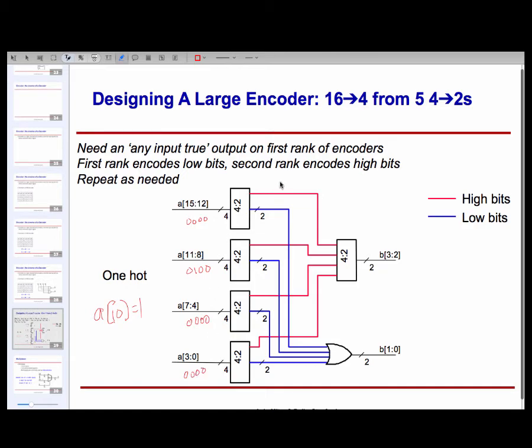So this red line is going to say 0, this red line is going to say 1, this red line is going to say 0, and this red line is going to say 0, because only the second from the top encoder is seeing a valid 1. So I'm feeding it into the 4:2 encoder. And so what would be the output out here?